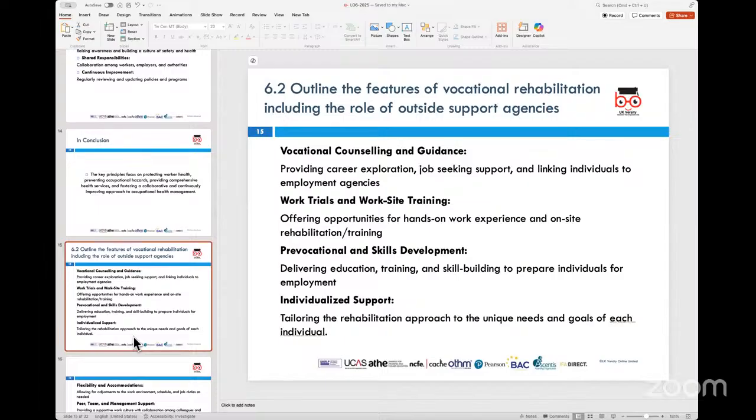We move on to the next one, which is 6.2. It talks about outlining the features of vocational rehabilitation, including the role of outside support services. So here, the key aspect is we need to outline.